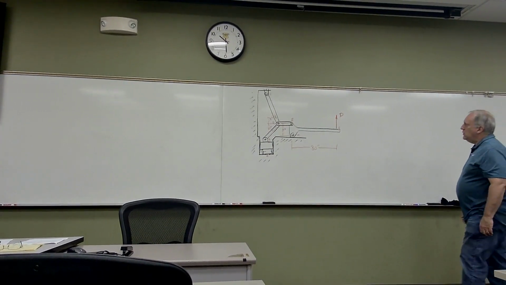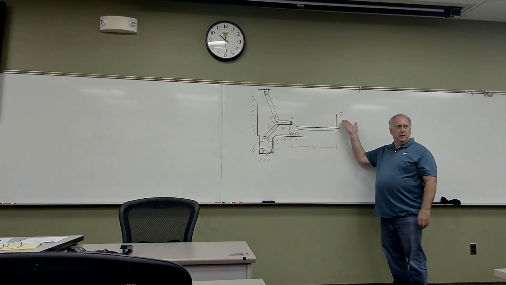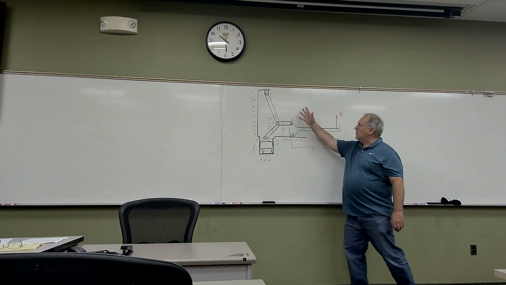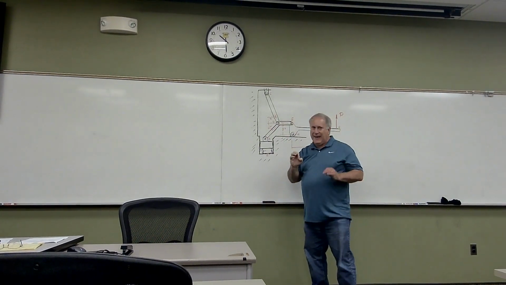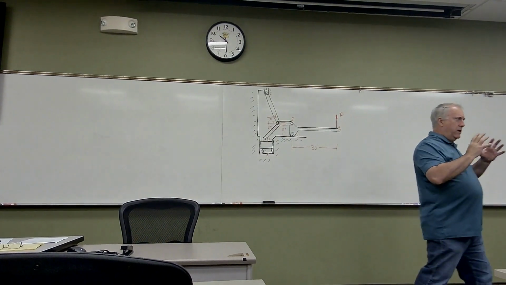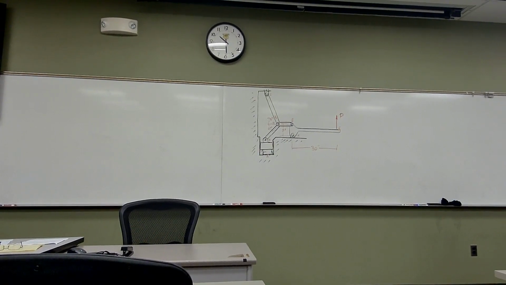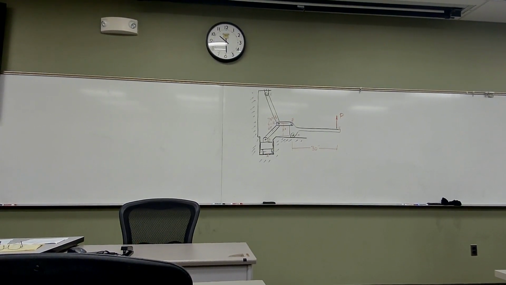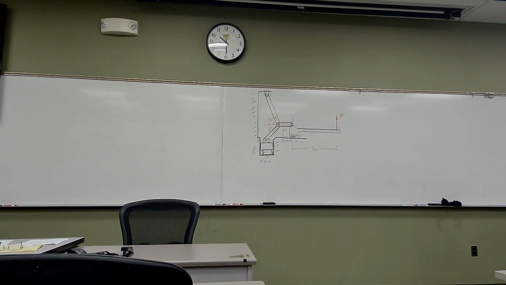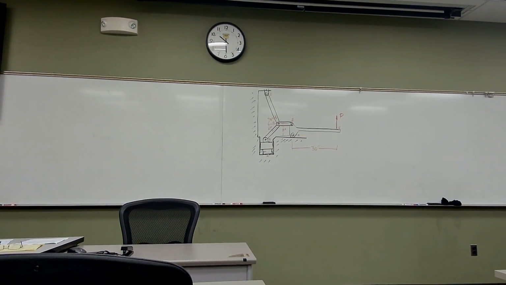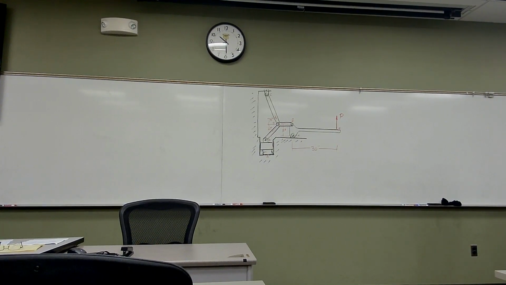So if I choose to call this force right here P, then some other force anywhere in this machine, I can't reuse P. I've already used that name for that particular force. If I create two forces that are not the same force, and I call them the same name, then I am guaranteeing myself that I'm not going to get the problem right. All right? So every force has to have a unique name.